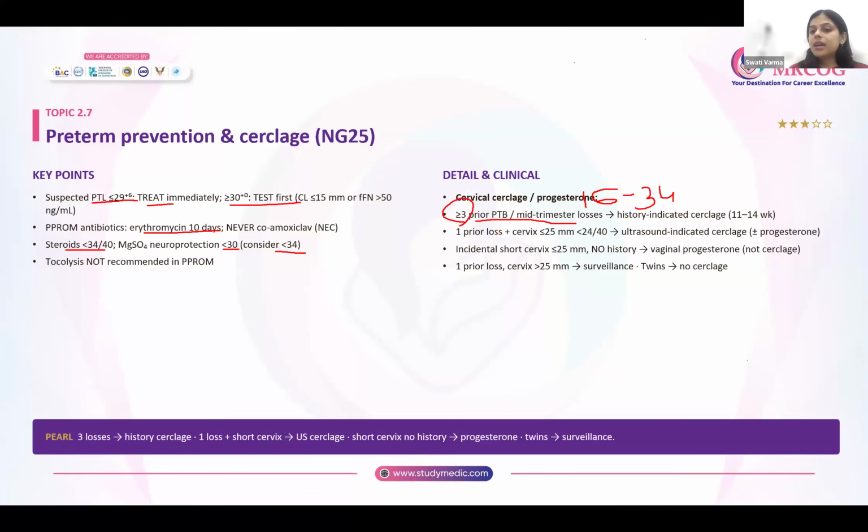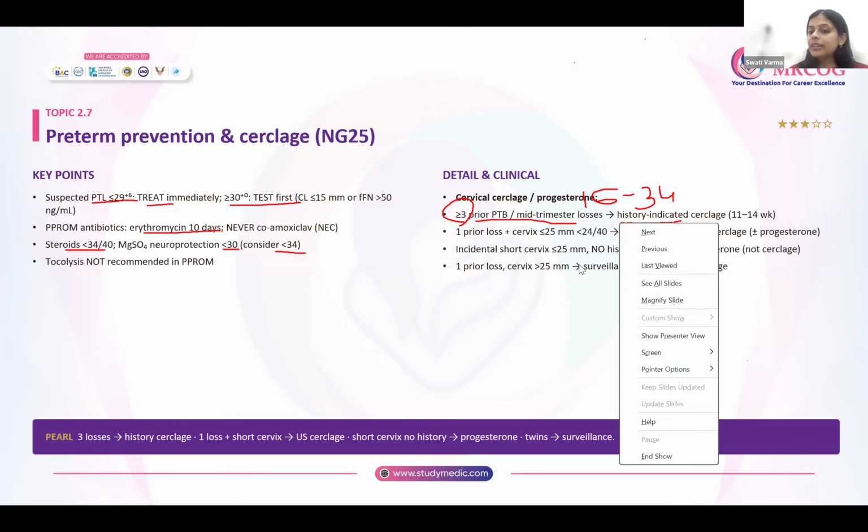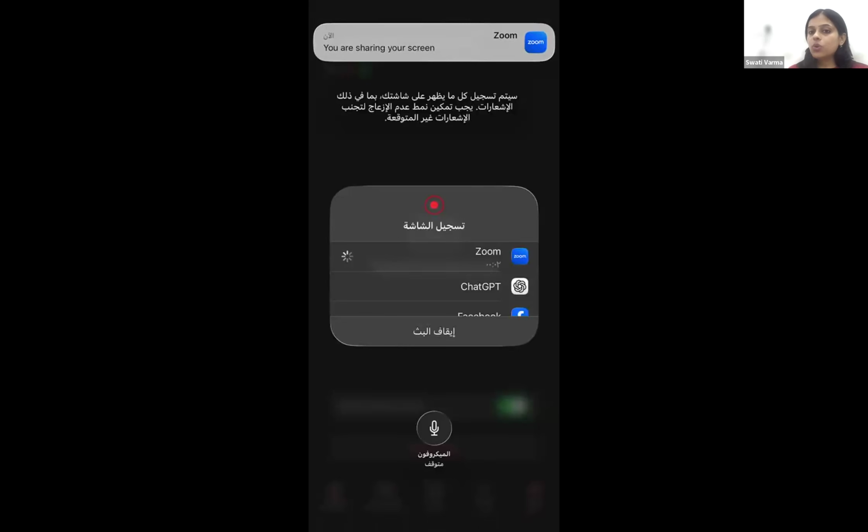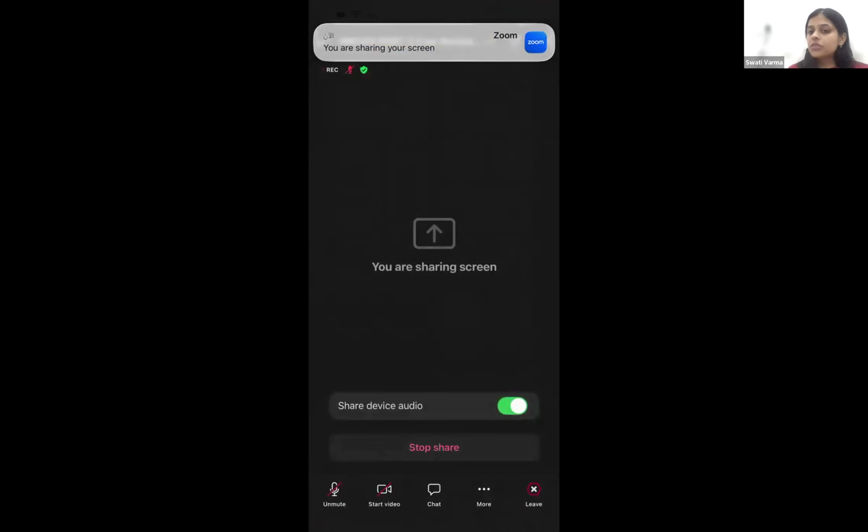Another category is ultrasound indicated. So this was history indicated. Another is ultrasound indicated. When you will do ultrasound indicated: if suppose she has got any one prior loss at 16 to 34 weeks, then she is high risk, and she will be told to undergo cervical length screening.